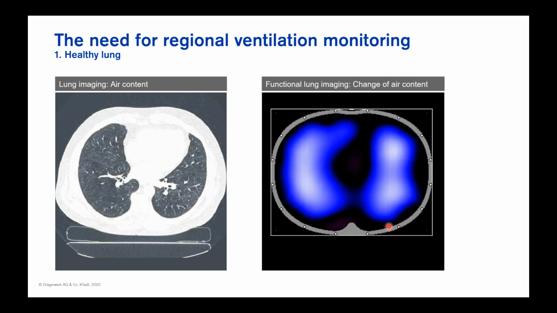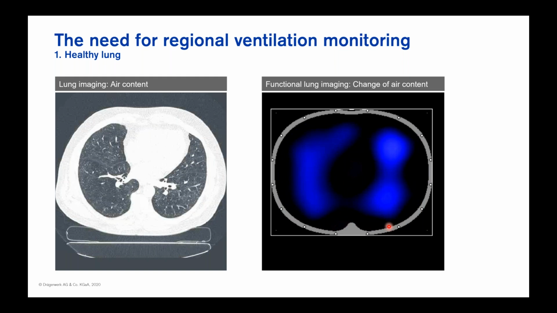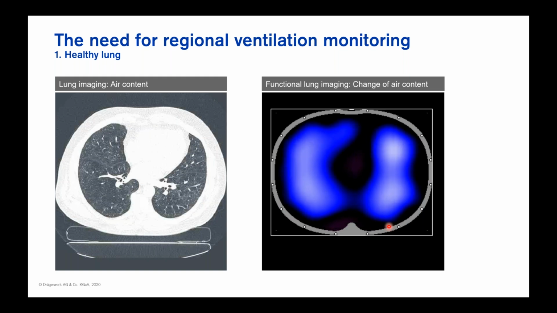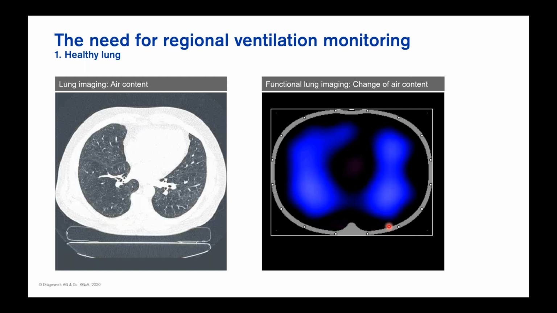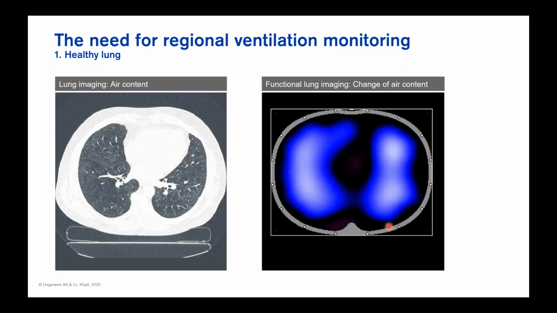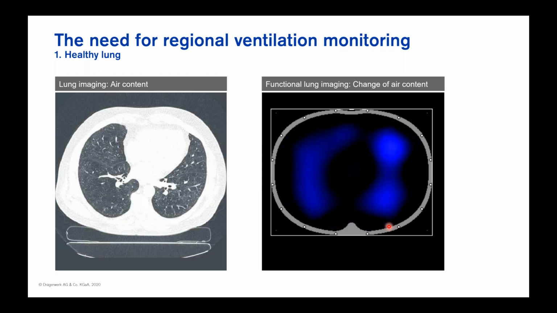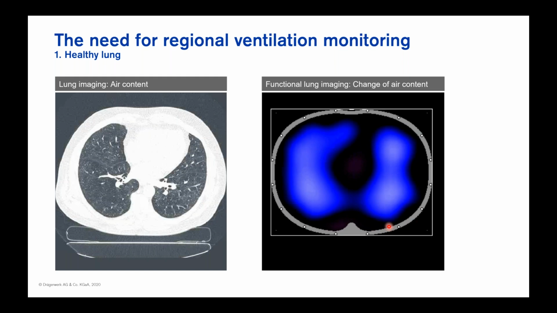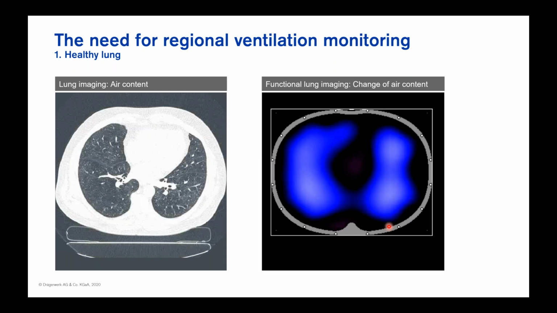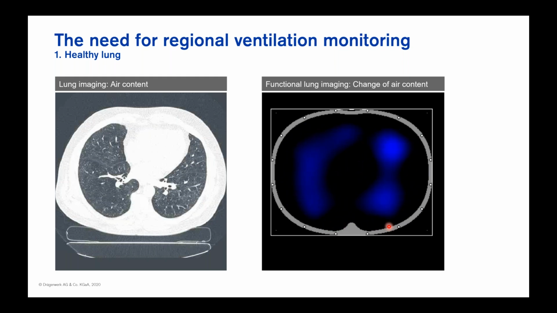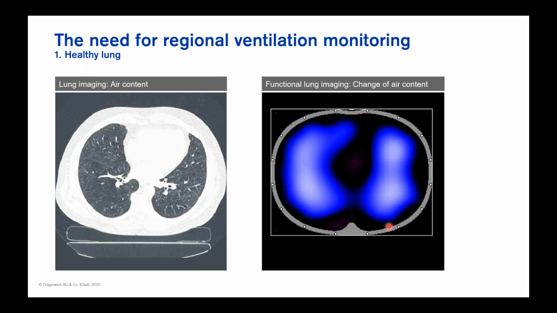But while one cross-section, one slice of a CT scan only represents 2 millimeters or at the most 10 millimeters, with the EIT image, we are capturing a large slice of the lung that in adult patients probably represents about 1/3 of the entire lung. And that also explains why we have such a high correlation between, for example, the volume waveform of the ventilator and the impedance waveform that we see in our EIT device, the PulmoVista.